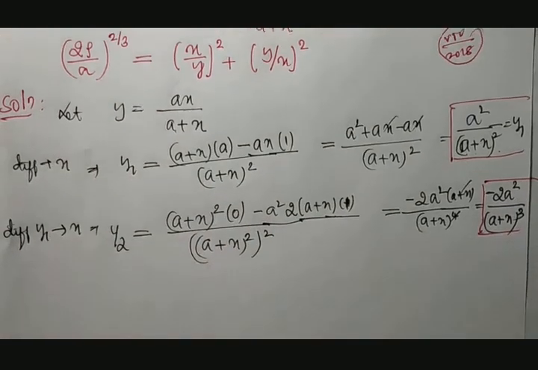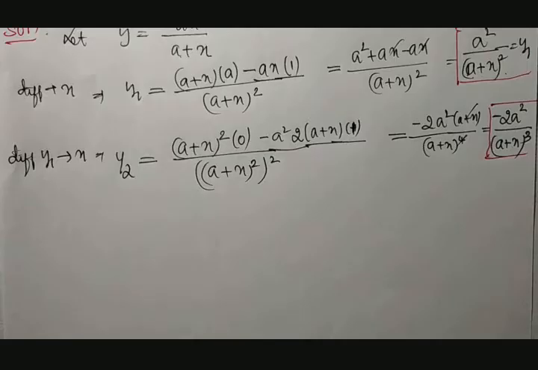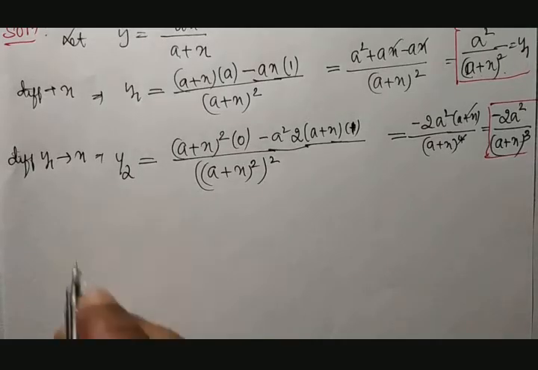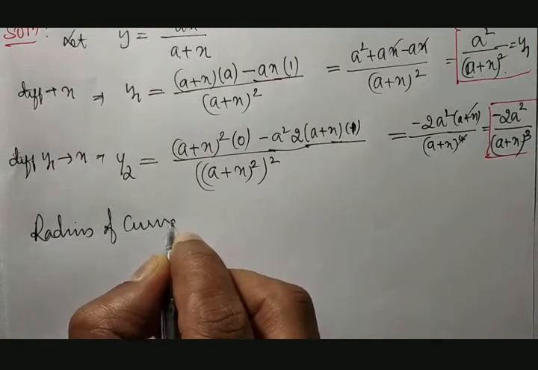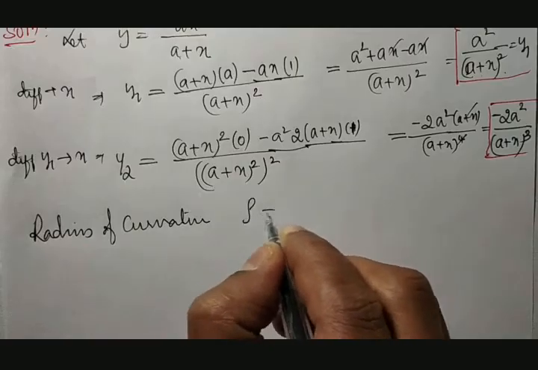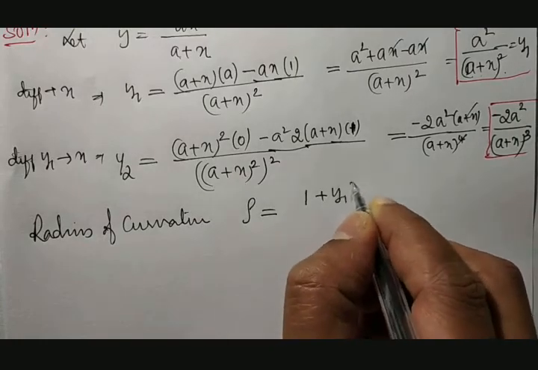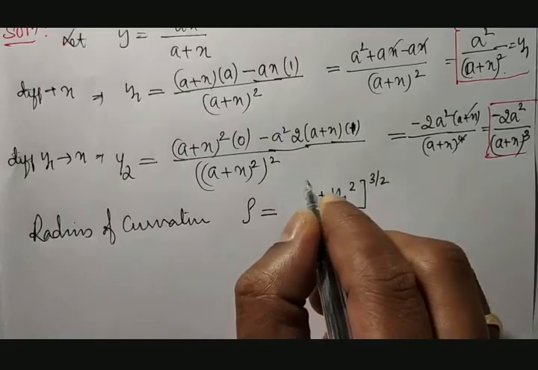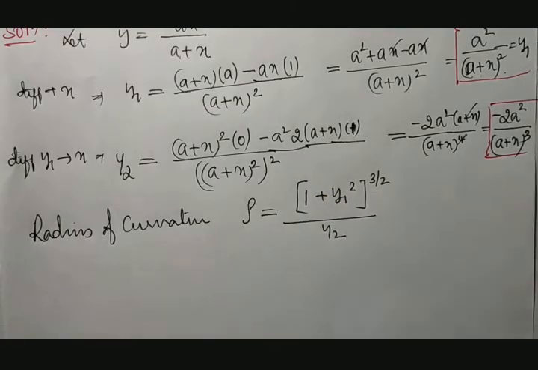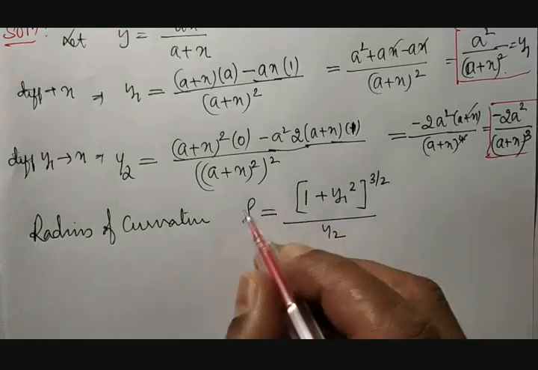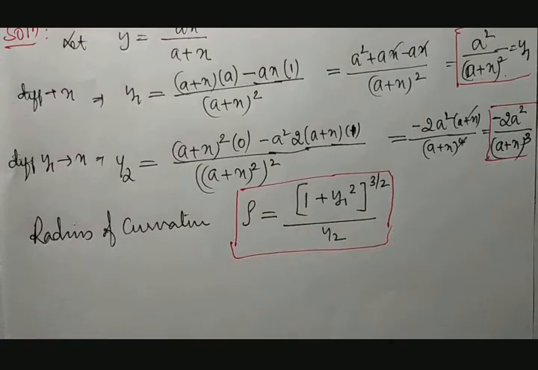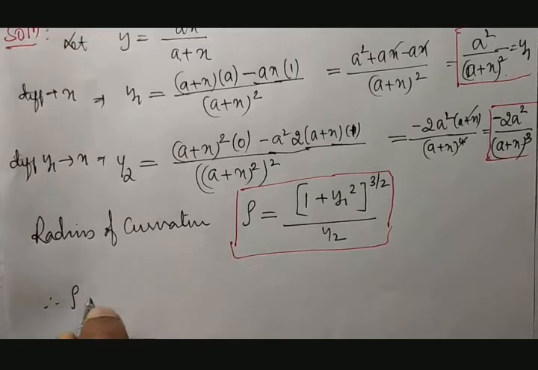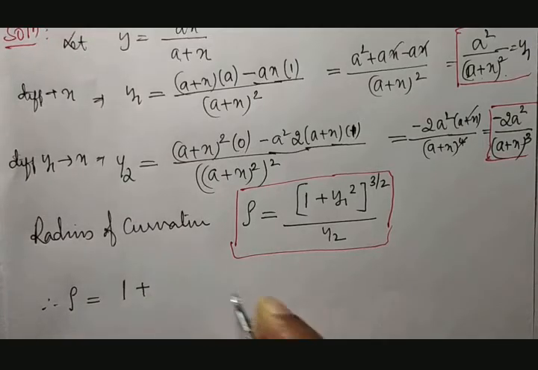So this is the value of y2. Clear? We obtained y2 also, now y1 and y2 both. Then let us move to radius of curvature. Therefore, radius of curvature rho is equal to 1 plus y1 square raised to 3 by 2, which is divided by y2. Therefore, substitute the value of y1 and y2 in this formula of radius of curvature. Let us see what happens. Therefore, rho is equal to 1 plus y1.